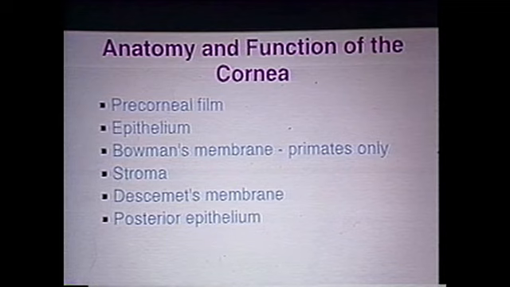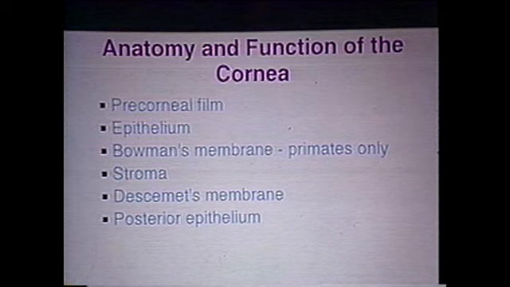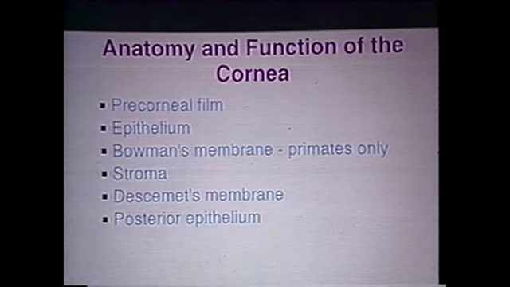So starting with the anatomy and function. On the outside is the precorneal film, often forgotten but extremely important, as we'll learn later. Underneath that is the epithelium, consisting of a variable number of cells depending on the species being studied. And underneath that lies the Bowman's membrane, which is present only in primates.